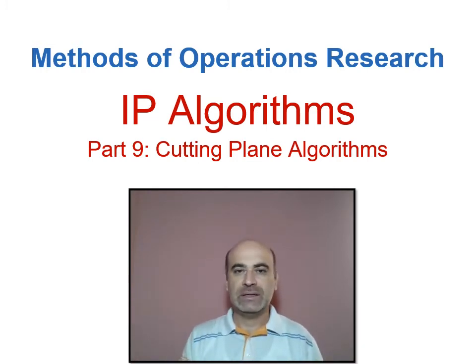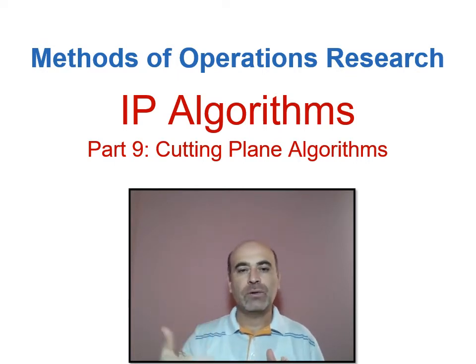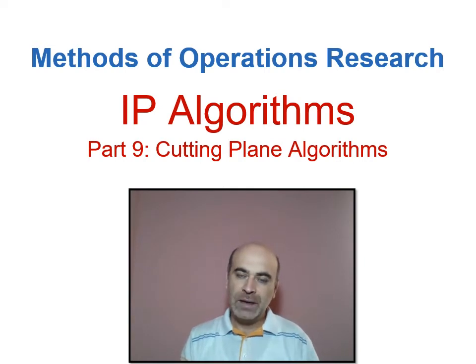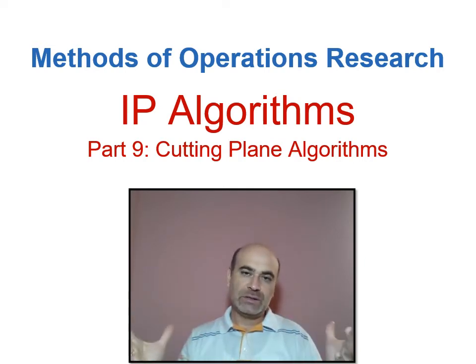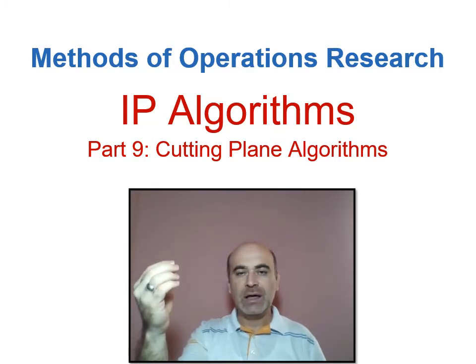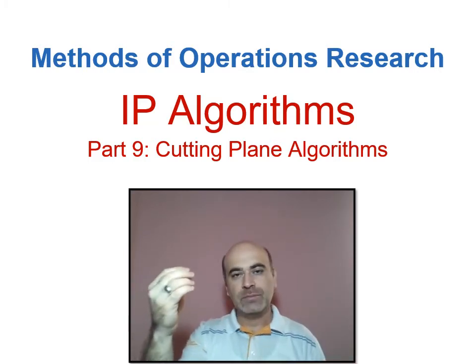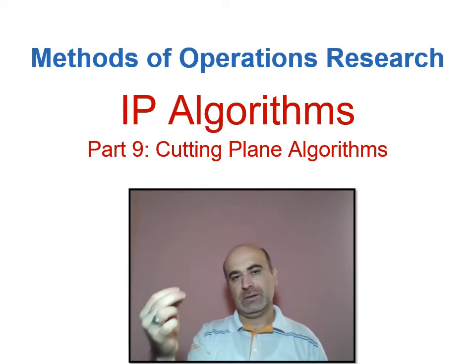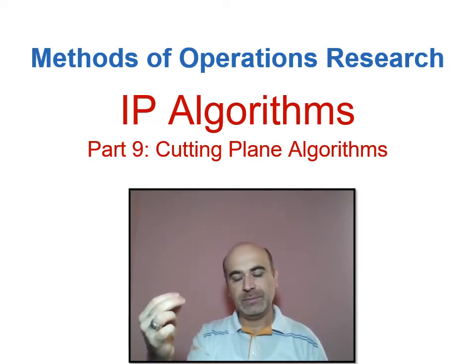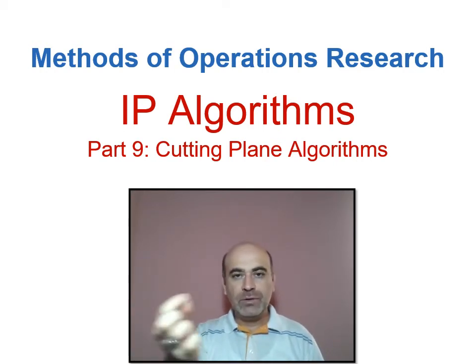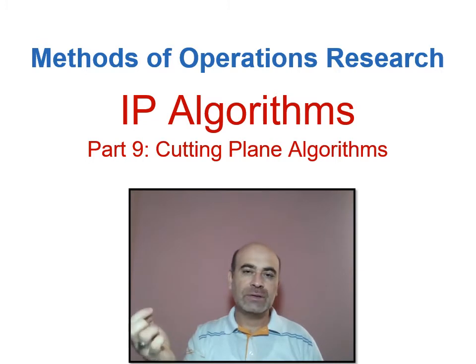The answer is yes, we can do this, and by doing this we will make our algorithm faster. It will find the solution quicker, because when we include a cut, most probably the new optimum solution will be in the neighborhood of the previous optimum solution of the LP relaxation.